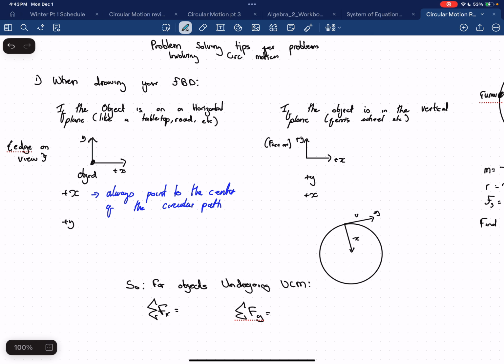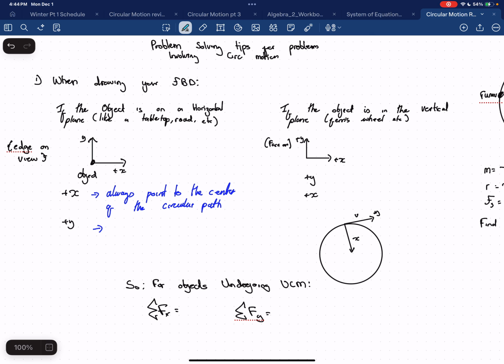So if I have an object on a rope, and the object is at the end of the rope and it's spinning around, I have a tension there. That tension will point towards the center of the circle that's been made. All right.